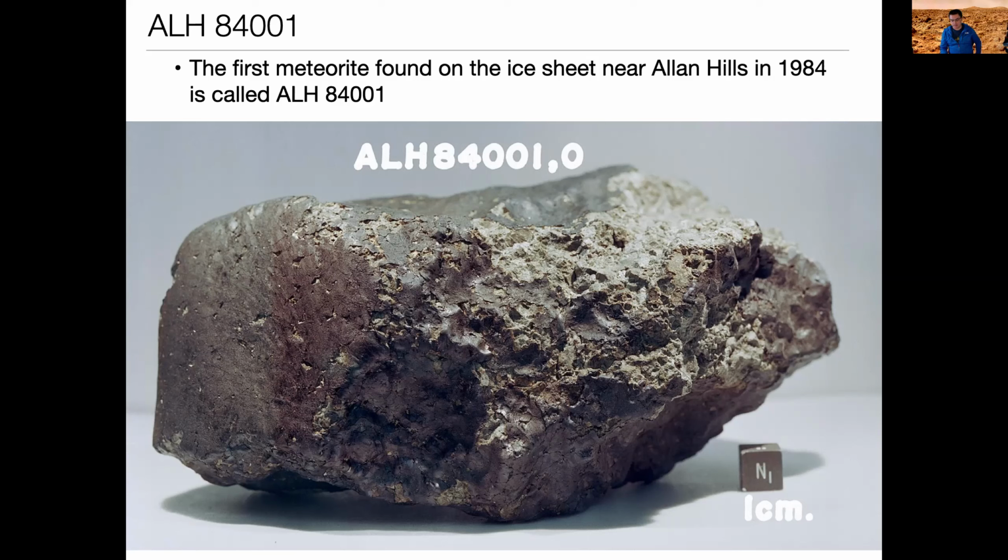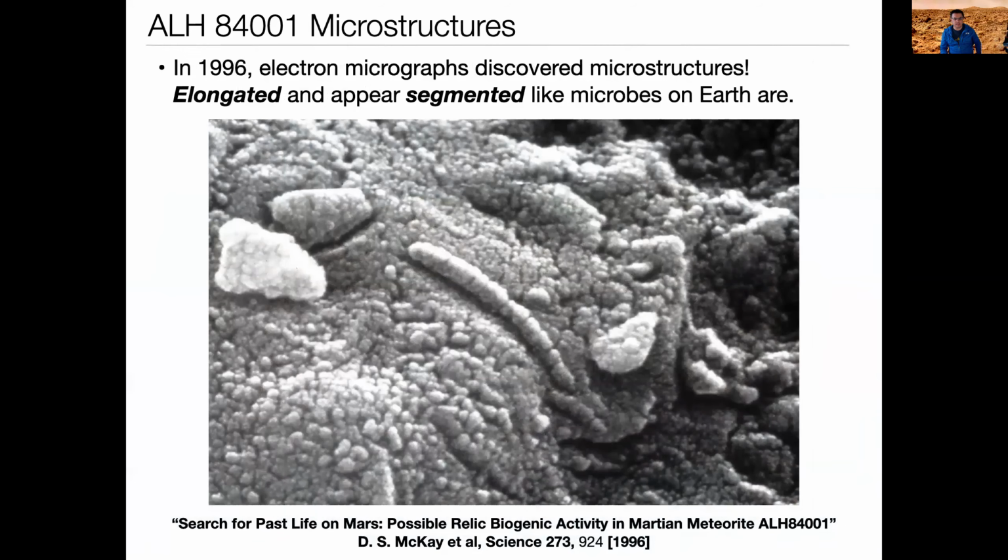Okay, but this one's famous because in 1996, a team of scientists were looking at cross sections of the Allen Hills meteorite, and they found these microstructures. That microstructure right there in the middle looks seductively like an Earth microbe. It is elongated, it is segmented, not unlike microbes that we see on Earth. It's about the same size, except it's fossilized.